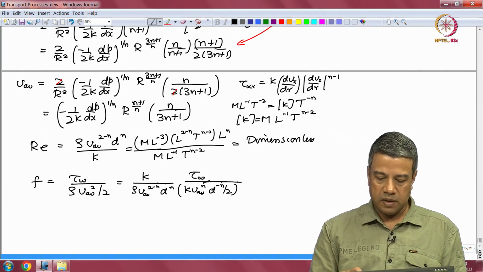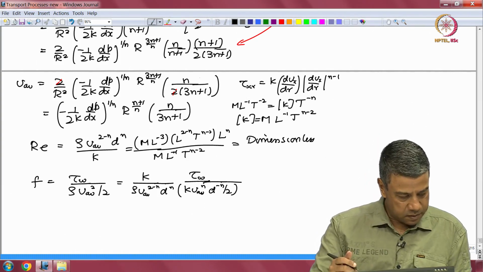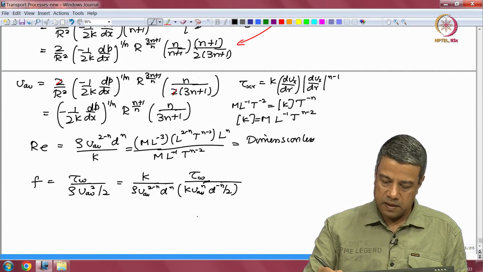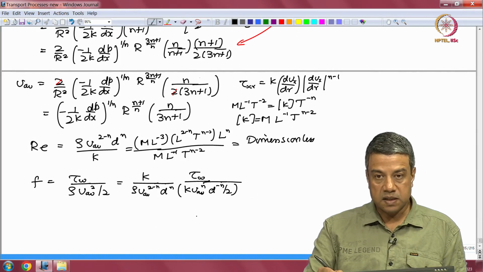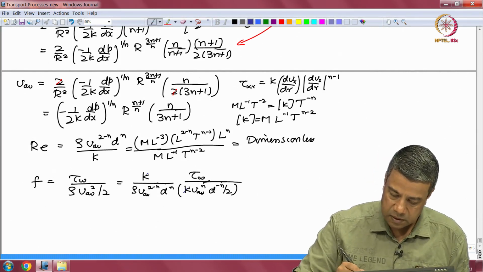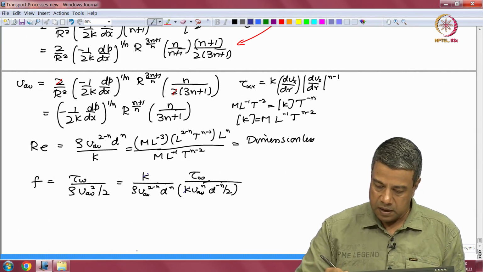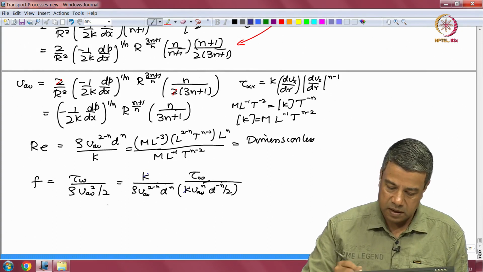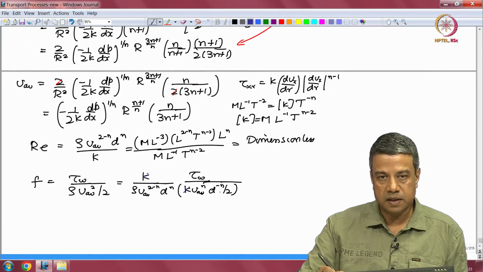If you multiply these two terms in the denominator, this k will cancel out, and v power n into v power 2 minus n will give me v square, and d power n and d power minus n will cancel out.